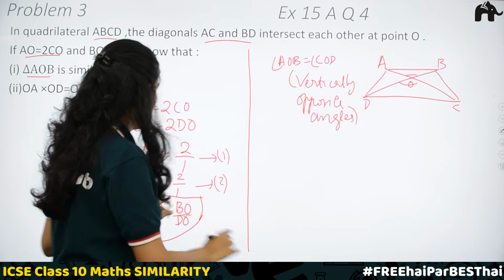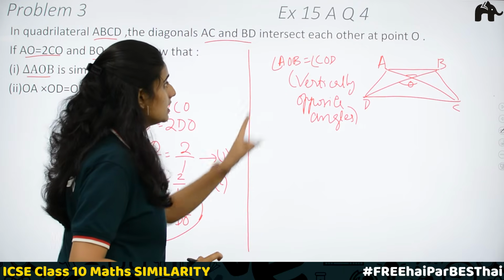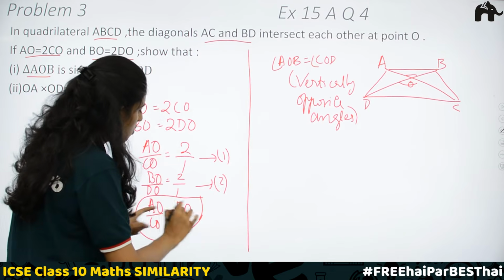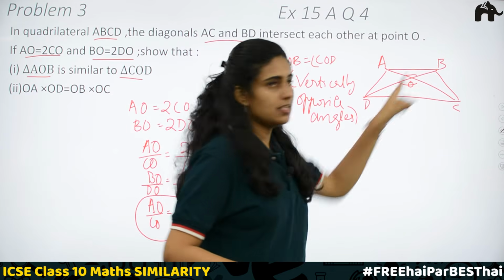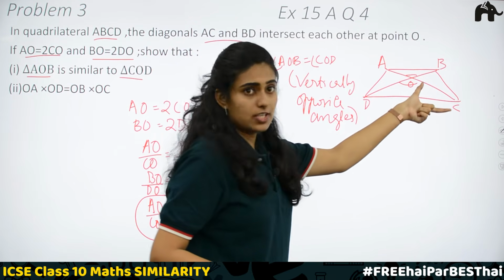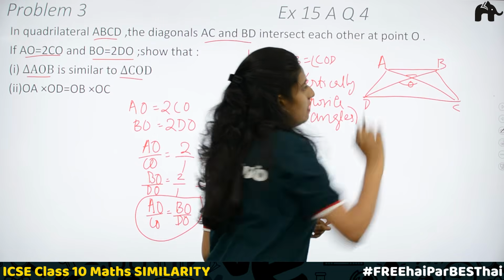Then what did we get? We have the ratio of corresponding sides equal. When you consider this AOB angle, we have AO and BO. Similarly, for this COD angle, to the right part we have CO and to the left part we have DO.